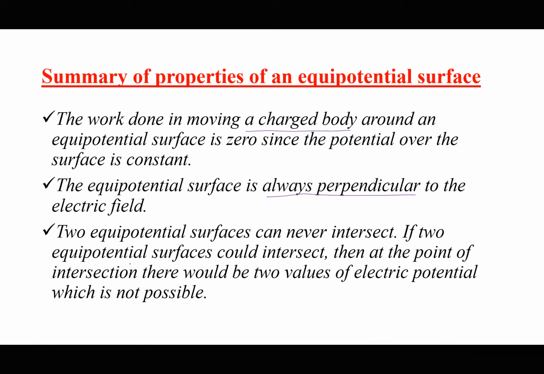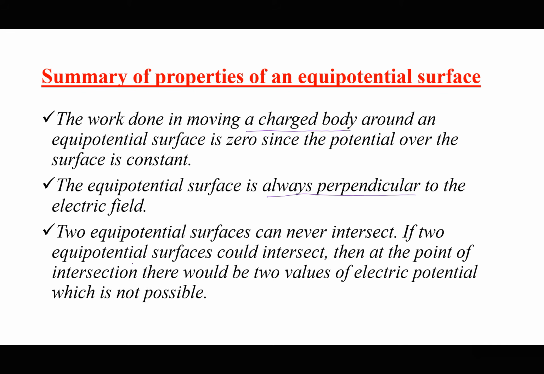And two equipotential surfaces can never intersect. If two equipotential surfaces were to intersect, it would mean that it would be possible to have two values of electric potential at one point, which in practice is not possible.